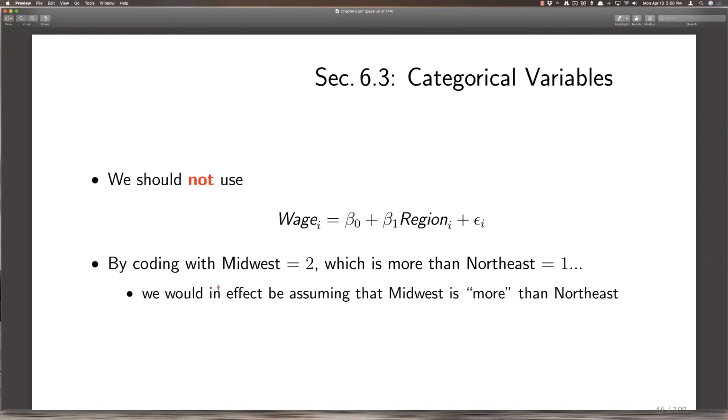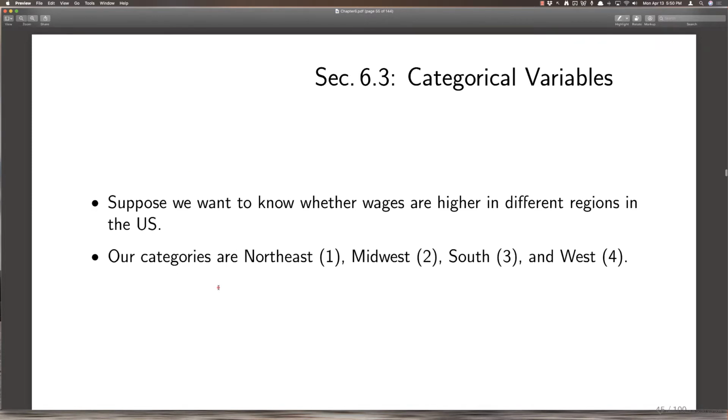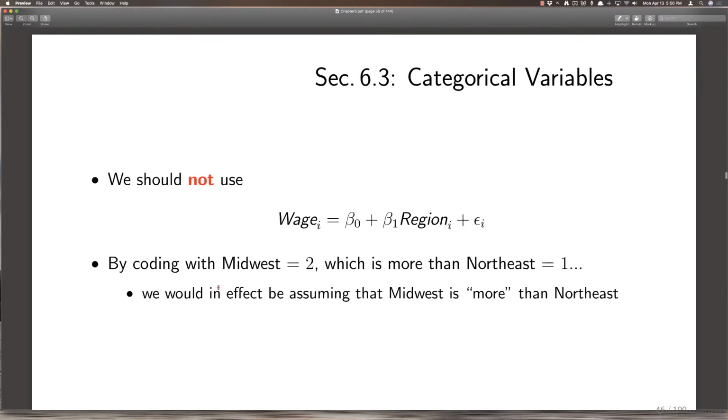All right. So we can't just run this regression. We cannot just take that column region that has the variables coded this way and toss that in. By coding Midwest as 2, we would be implying that that is somehow more than Northeast, which equals 1.